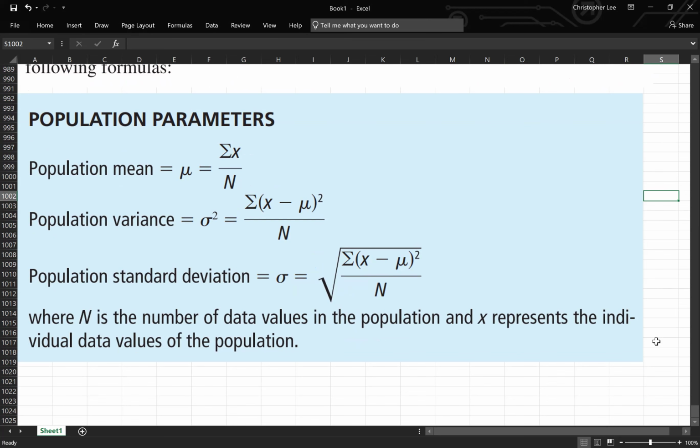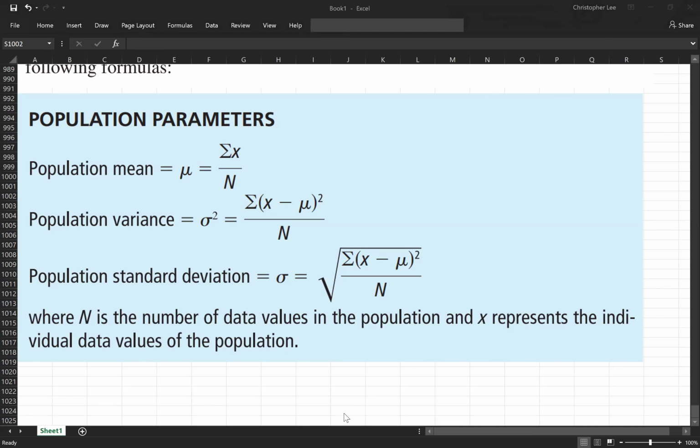Population standard deviation sigma is equal to the square root of the sum of x minus mu squared divided by capital N. Again, you don't have to use this formula if you don't want to. You can use the other one, get the same answer. I like the other formula more. Here N is the number of data values in the population and x represents the individual data values of that population.